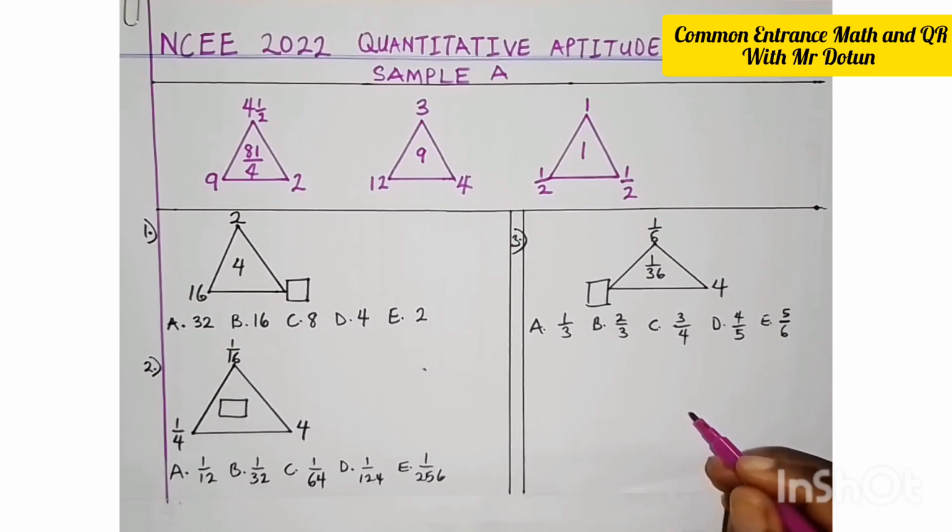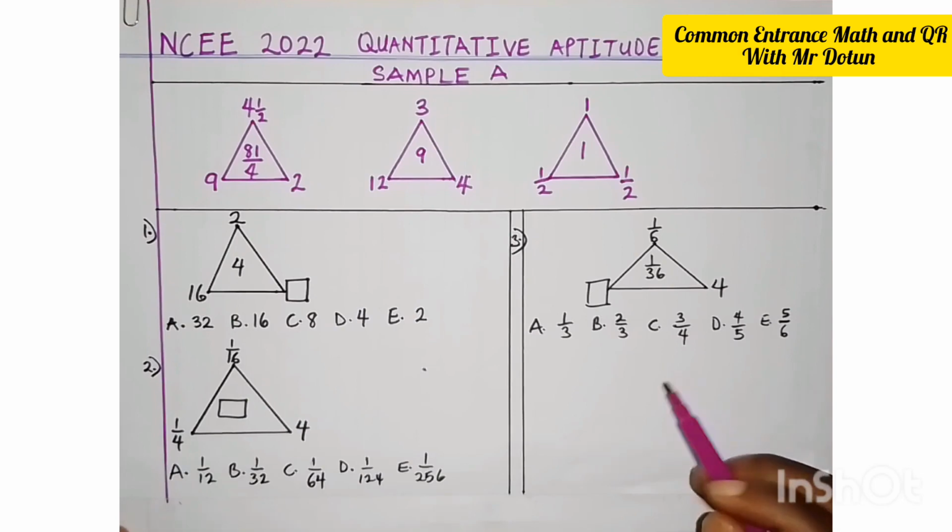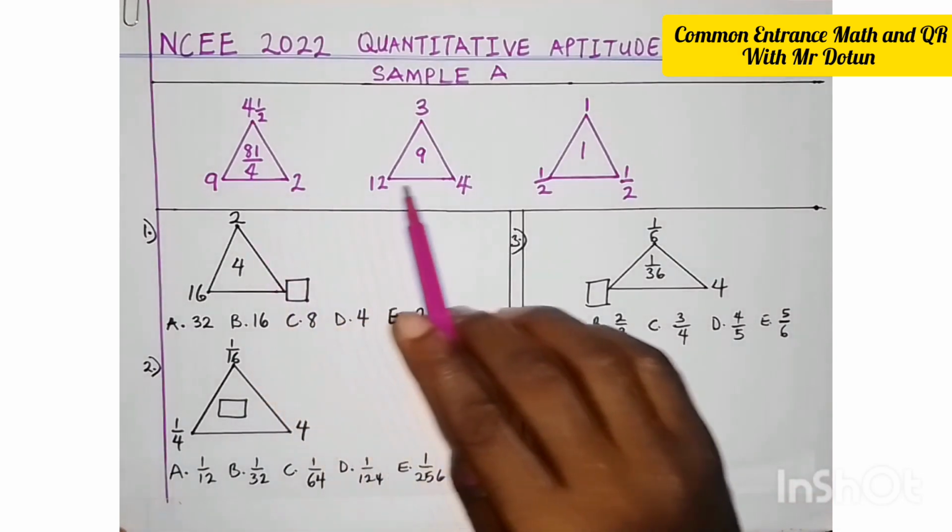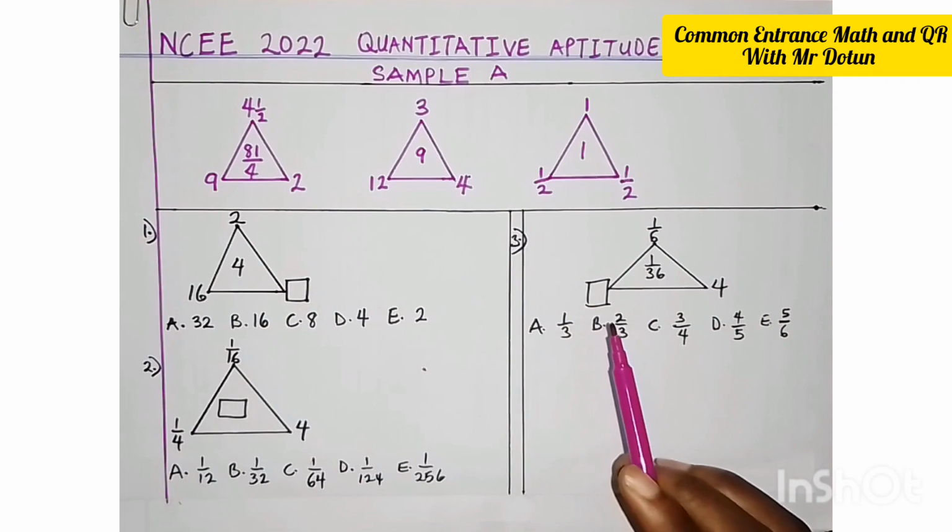Alright, today we'll start with the 2022 quantitative aptitude test. We're starting with sample A. We have 3 samples given to us, identical samples.